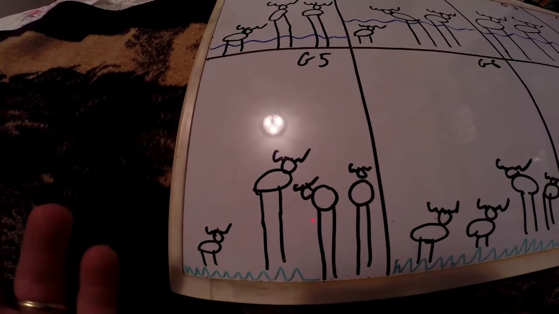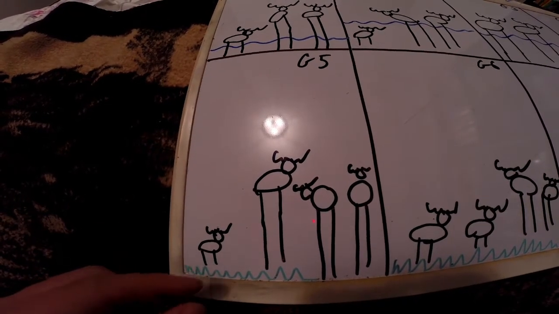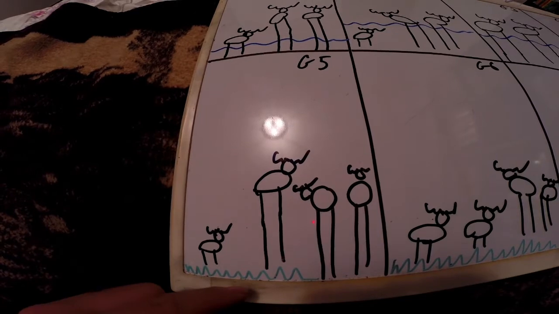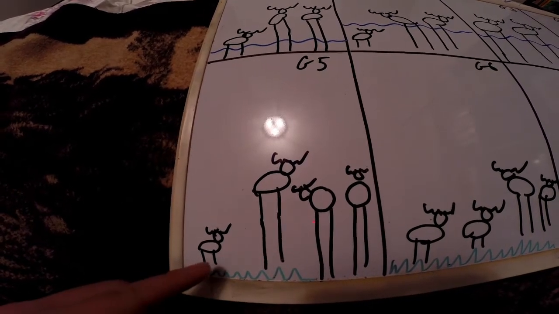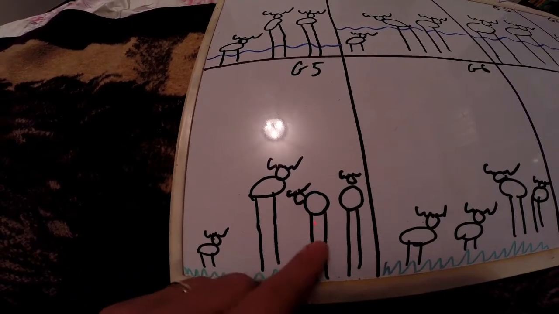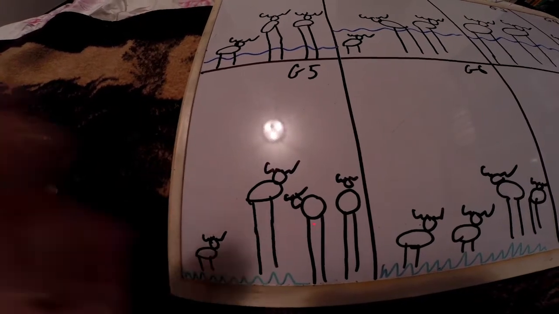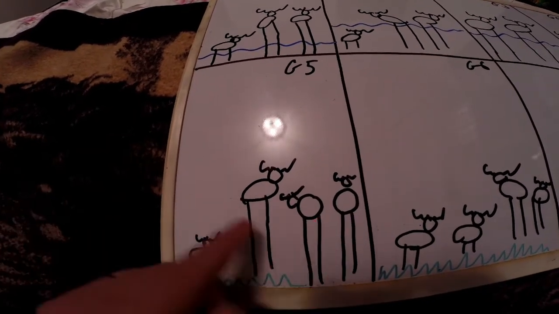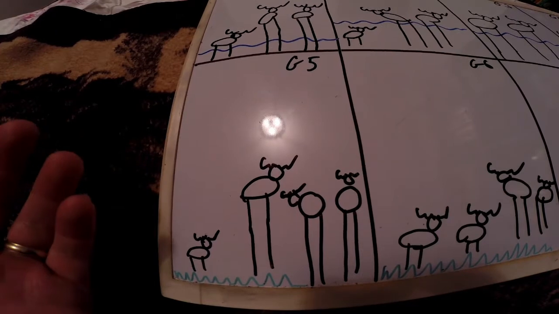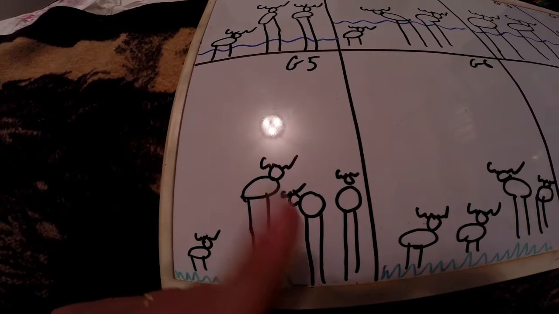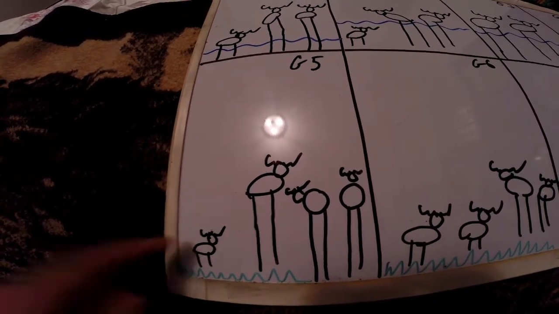Because the short-legged moose is able to just bend his neck down and eat the grass, he's fine. But now the long-legged moose, since their legs are so long, cannot bend down to eat. So that is no longer a favorable trait to increase their fitness. Now the trait to increase fitness is short legs.